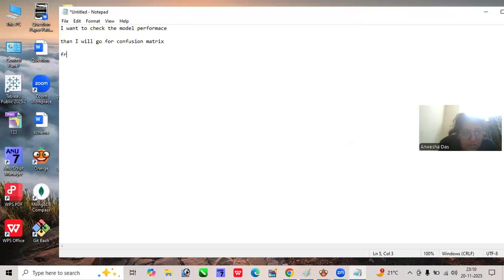From that confusion matrix, we can write the formulas of precision, recall, F1 score, and accuracy.